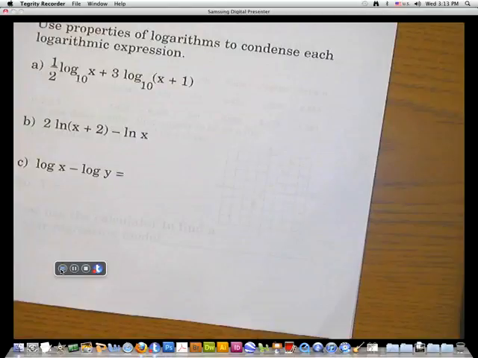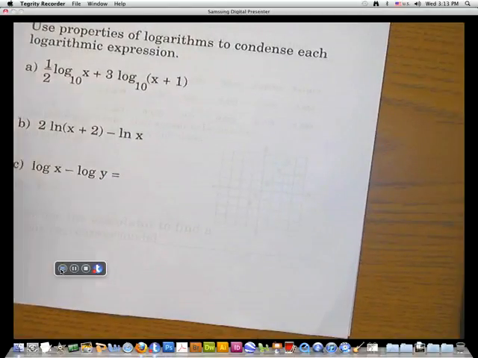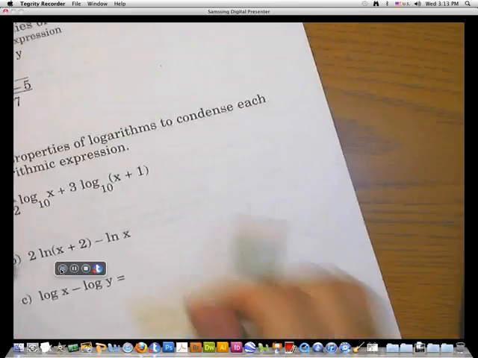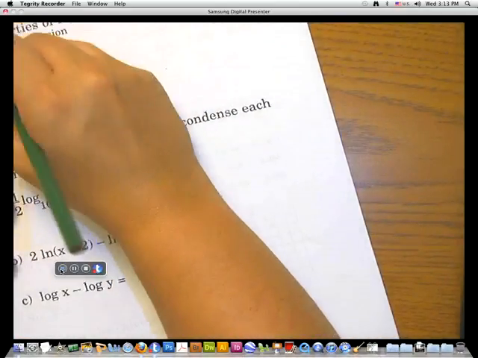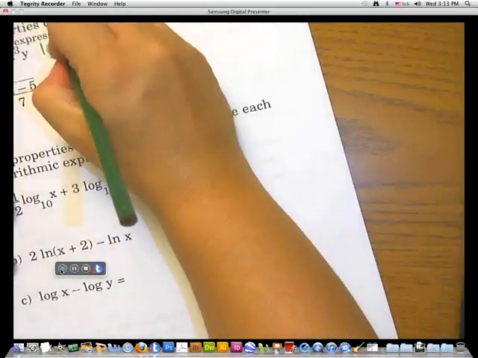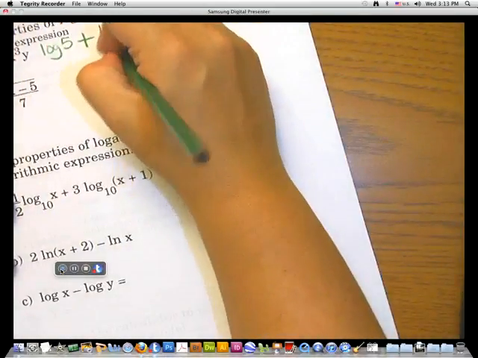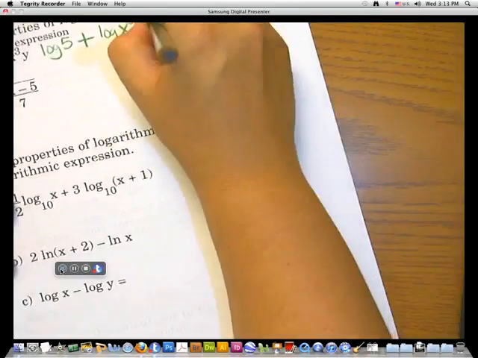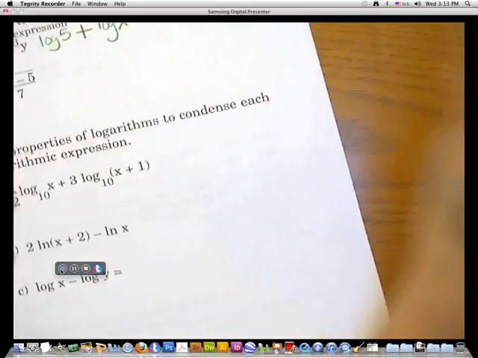All right, here we have an example that we want to expand. It is some multiplication and some exponents. So because this is all multiplied, I don't need to write base of 10. 10 is implied. 5 multiplication log x cubed. Multiplication, so plus log of y.